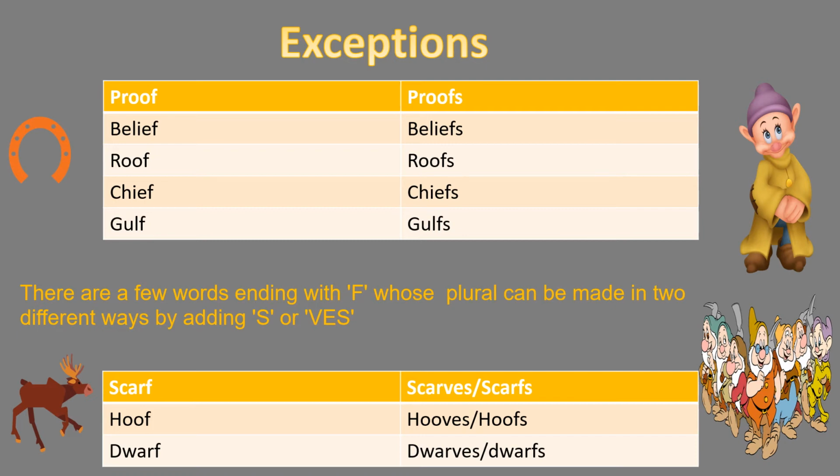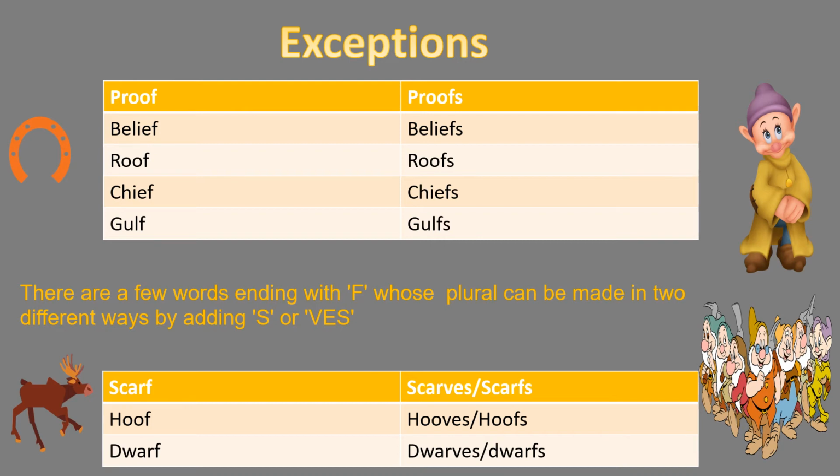There are a few more words ending with f whose plural can be made in two different ways, by adding s or ves, and you can use both the spellings. For example, scarf: add s after f.